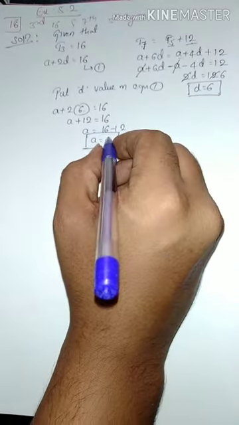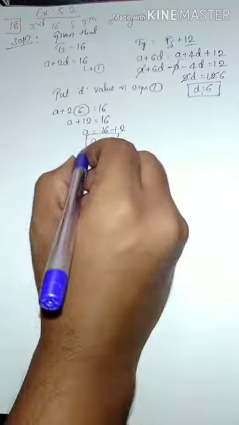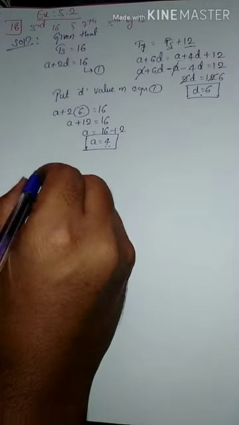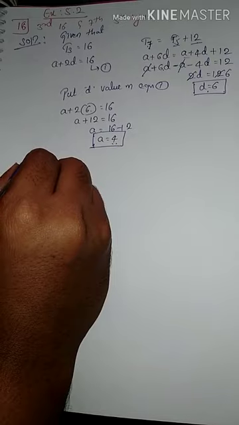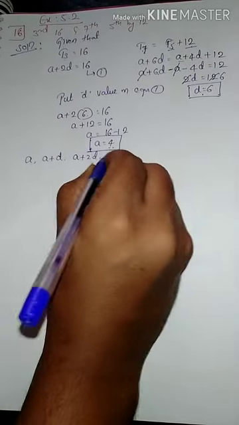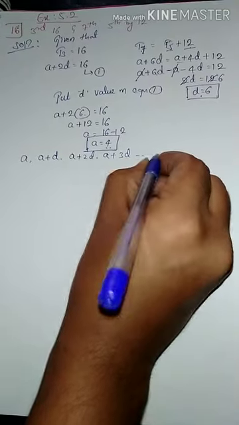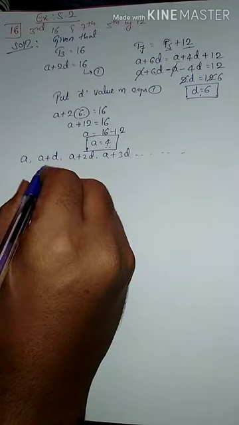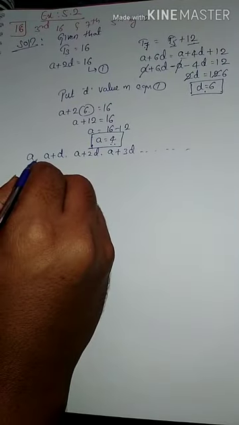So now we know the value of A and D. We need to find the first four terms of the AP. So the first four terms are A, A plus D, A plus 2D, A plus 3D, and so on. But we know A and D, so put the A and D values in this general form.